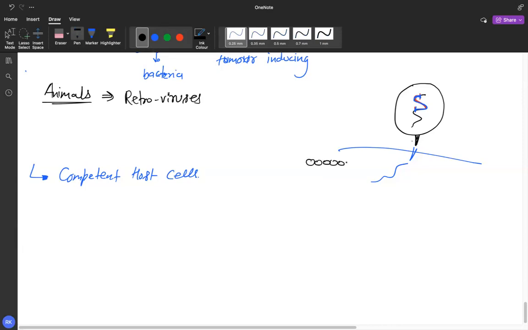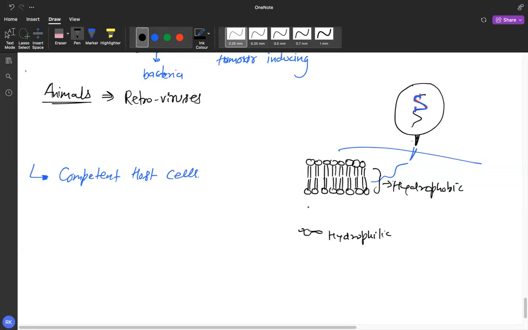You have lipid heads on both sides. Let's say this part, the DNA can interact with. But what is inside? What is this double layer? The thick region. This is all hydrophobic tail, right? It does not want to interact with water. So this part is hydrophobic, and DNA is hydrophilic.